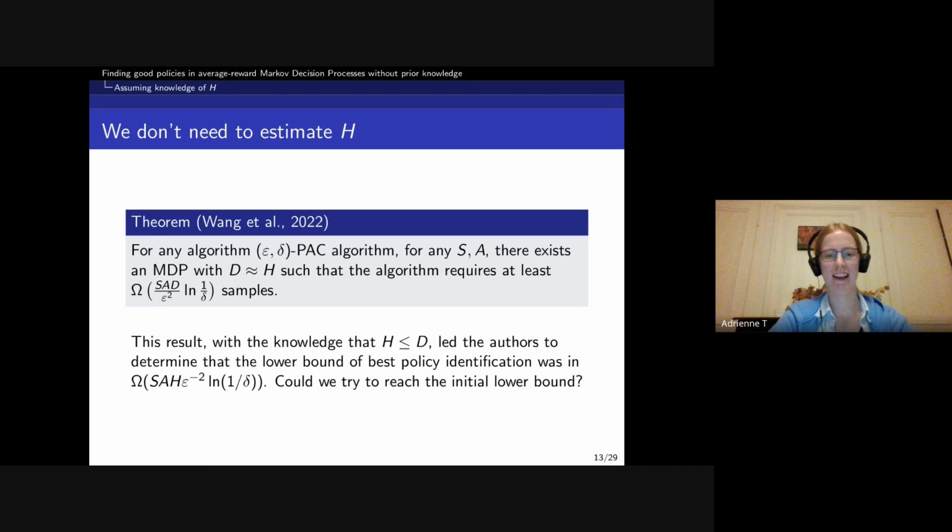And the only thing that you need to put on top of this is that the diameter is bigger than the optimal bias span. So your lower bound in D is effectively a lower bound in H. But what if the more accurate lower bound is the one in the diameter? What if the diameter were a better way to quantify the complexity of an MDP? Maybe we could try to reach this initial lower bound.